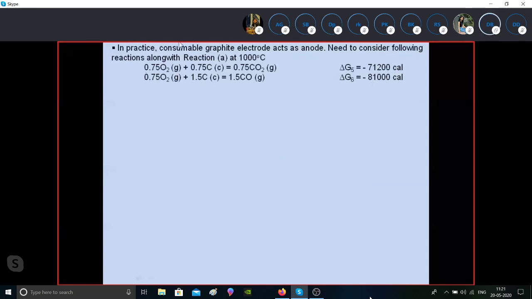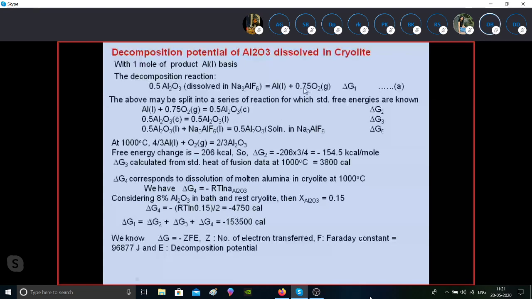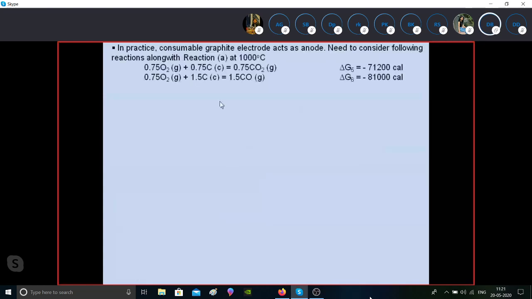It's simply because here we produce 0.75 oxygen, so I'm taking the same stoichiometry for my subsequent calculation. 0.75 oxygen reacts with 0.75 carbon to give 0.75 CO2. Similarly, 0.75 oxygen with double the amount of carbon gives double the amount of carbon monoxide. These are the two reactions that may happen.